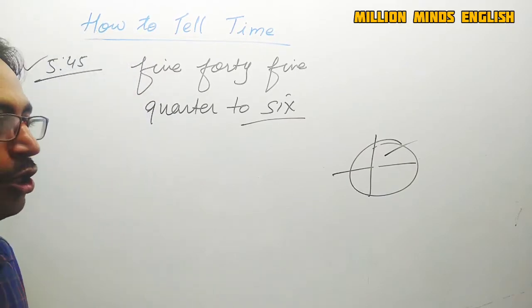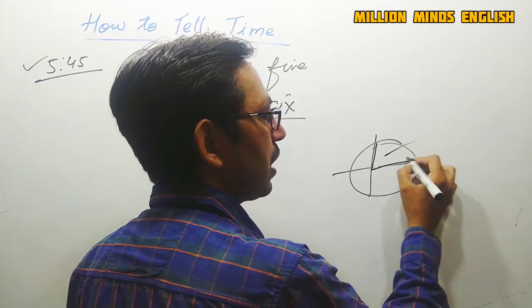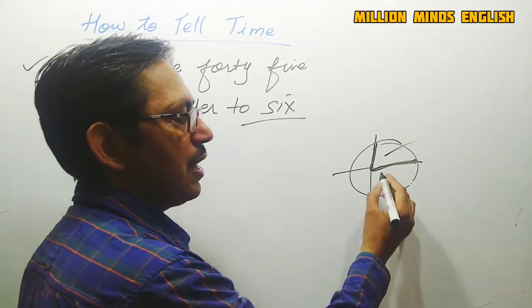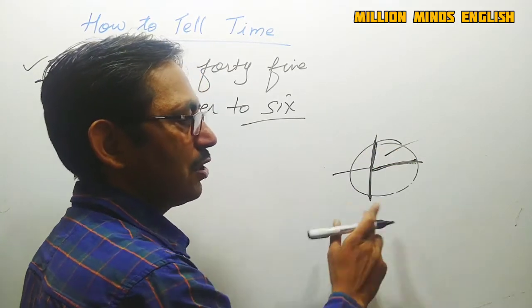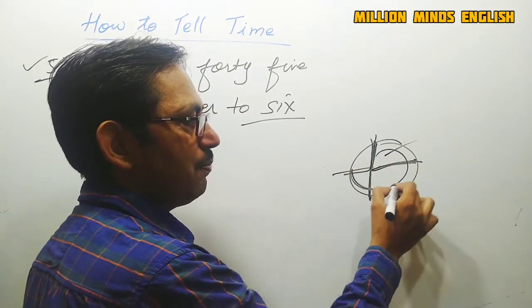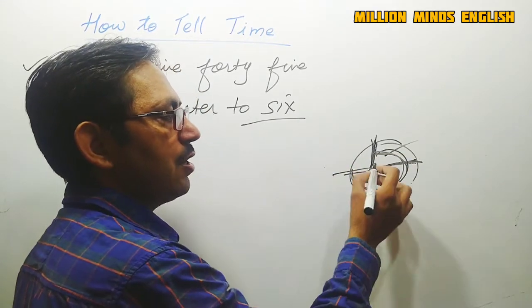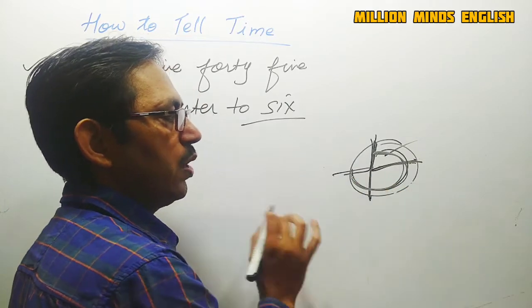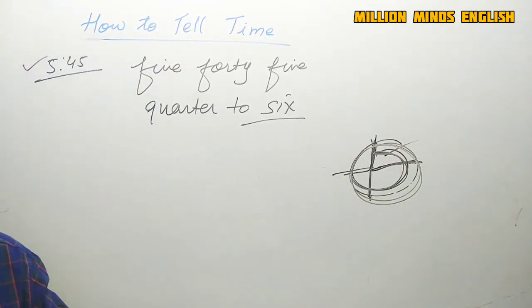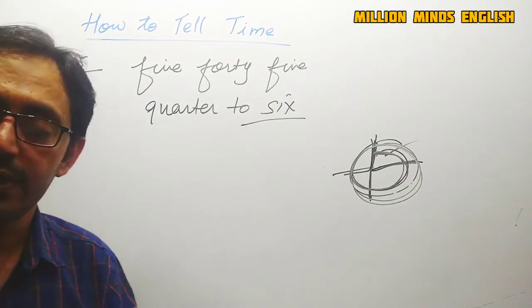Clear, friends? So if you want to tell this time, you will say quarter past, and now you say half past, and now this time phrase is called quarter to, and the complete roundabout of a clock is called o'clock. Clear, friends?